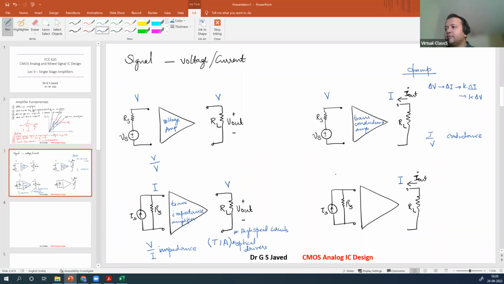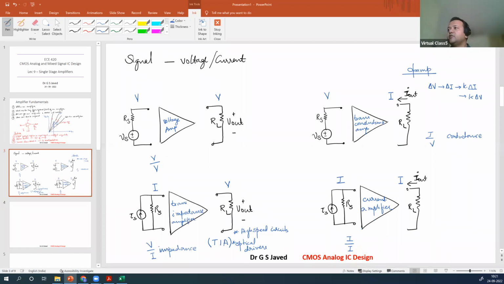Now what is this one here? You have got I over I. I over I is a current buffer, or you would simply say current amplifier. So using only the voltage inputs and the current inputs, we have found four combinations: you have got a voltage amplifier, where you do a voltage over a voltage.